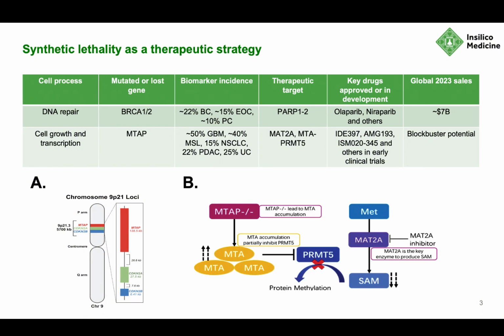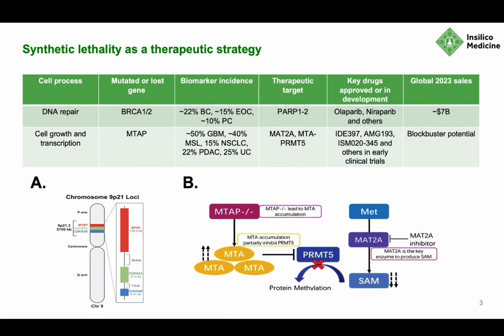So the goal for this strategy is to inhibit the PRMT5 gene, which is an essential gene and a key player in gene expression. This enzyme uses S-adenosylmethionine, SAM, to methylate genes and control expression. So that's the key function we're trying to inhibit.